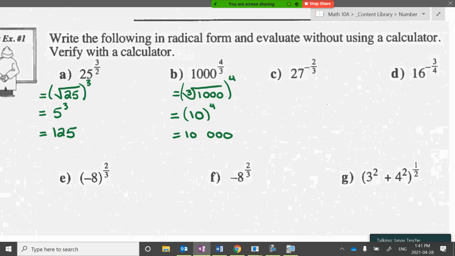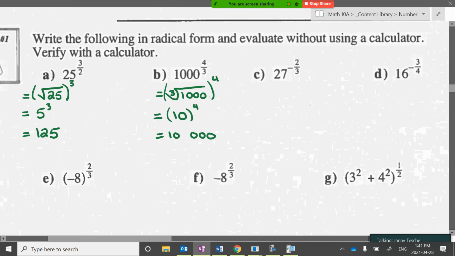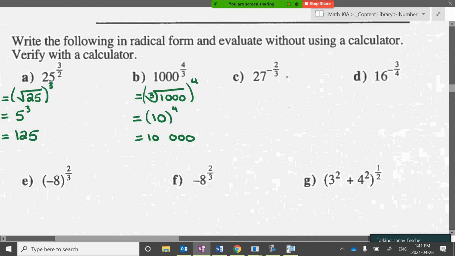Slightly trickier, so this is where we're starting to combine some rules. I now have a negative fraction. Let's make it positive. Life is easier with positive, so let's make it positive. So this is from yesterday's class. My first step is going to be to rewrite it as 1 over 27 to the power of 2/3.